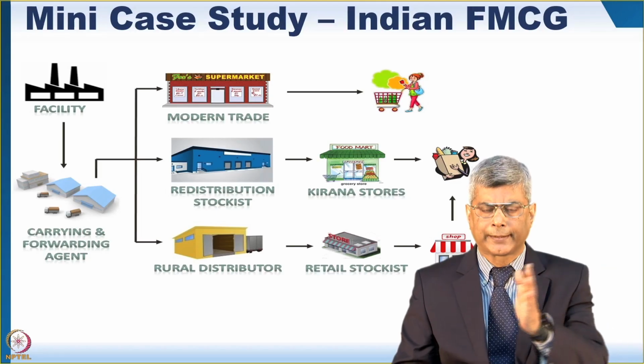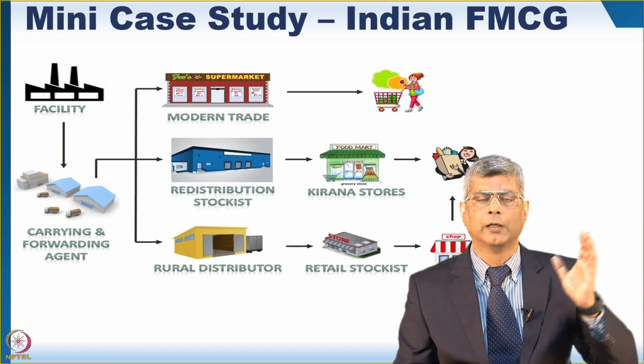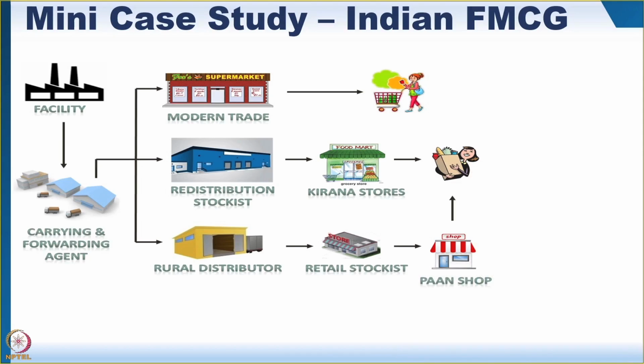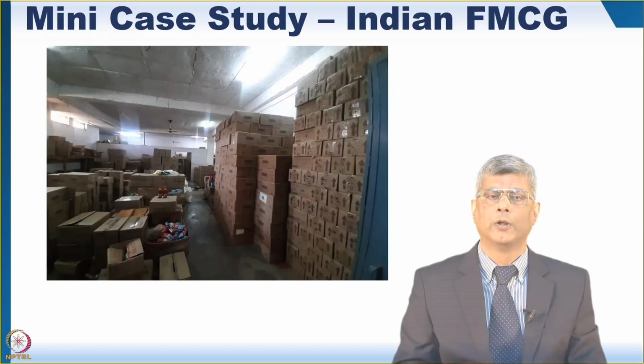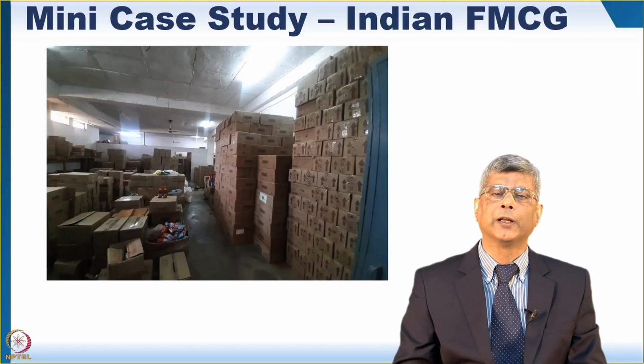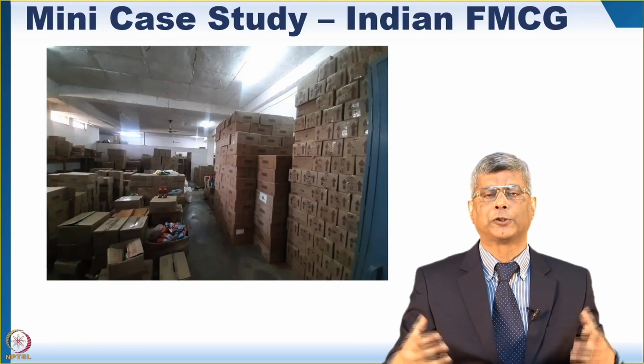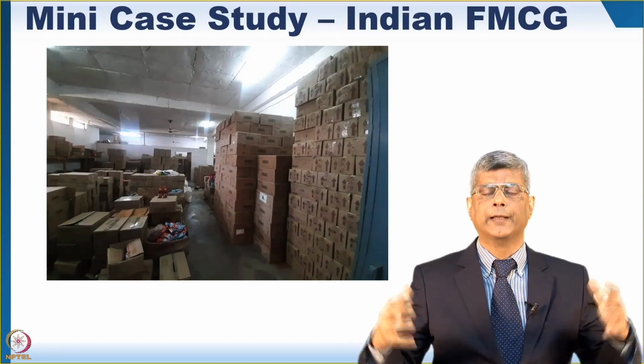So here is a case study of where it goes step by step, from a manufacturing plant into a company warehouse, into different kinds of stores from where you can buy. That's called outbound logistics. So I talked about warehouses. A warehouse is something where you cannot walk in and buy one piece. Warehouses will stock the company's goods in large quantities.